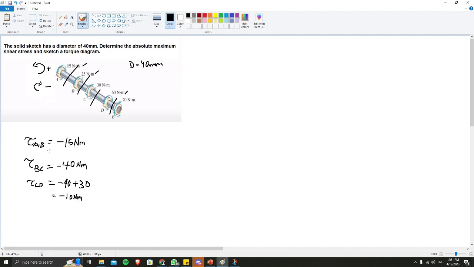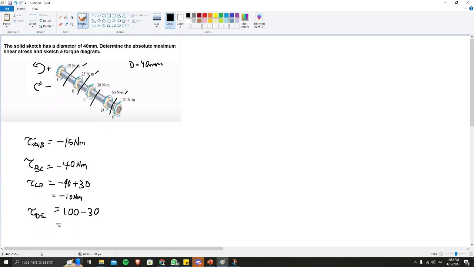And lastly, for DE, we can see here that 50 Newton meter, 25 Newton meter, and 60 Newton meter are in the same direction. So add them, we get 100, but then we have to counter it back with 30 here, so we get 70.